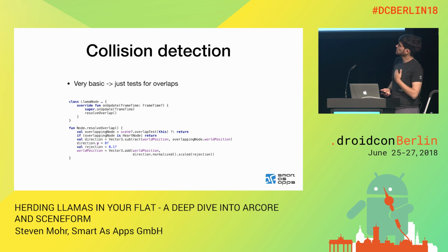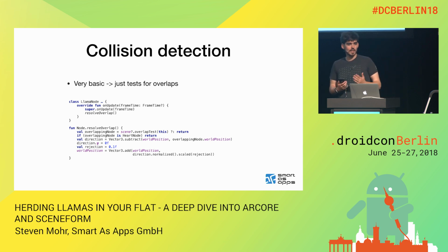And as this is called in the node onUpdate method, which is called in every frame, hopefully it will resolve fast enough that the user won't see any glitches. But yeah, it's not nice. You don't get bouncing like you have for other engines where you just say, okay, these two objects, they are solid. They bounce when they touch each other. So hopefully Google will invest some time here and give us a better collision detection.